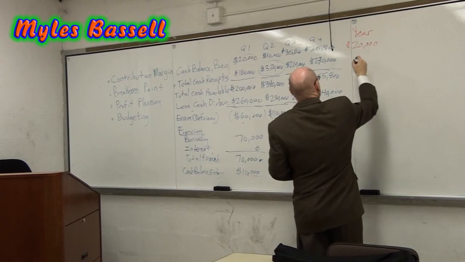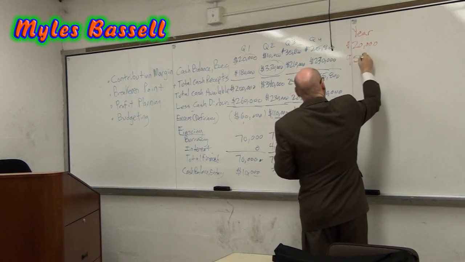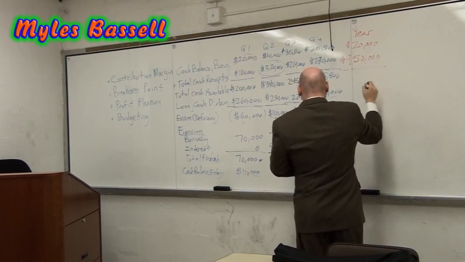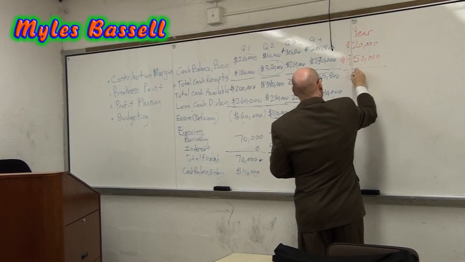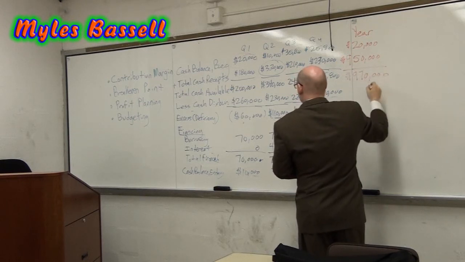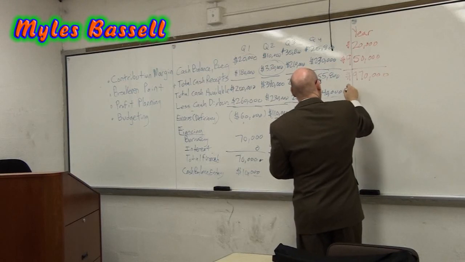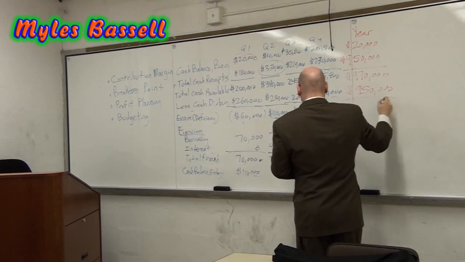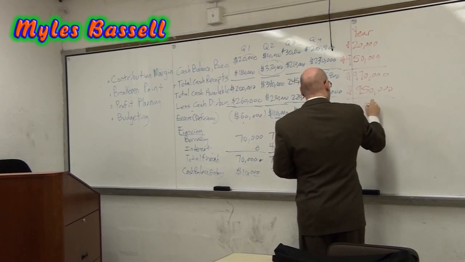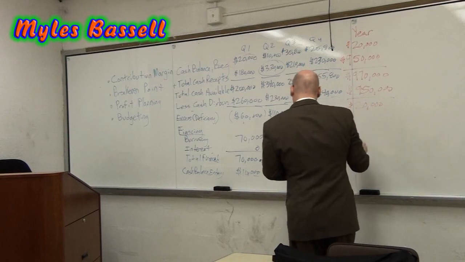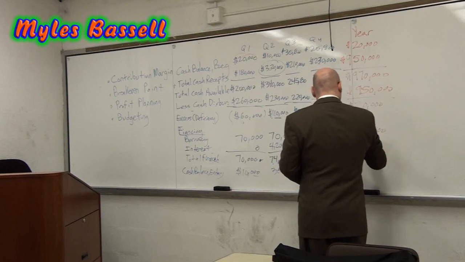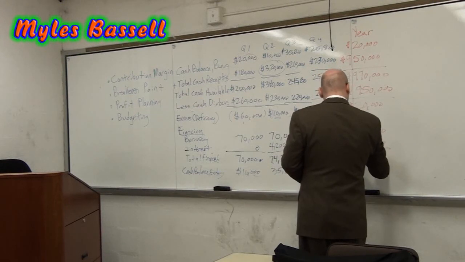Our total cash receipts are $950,000. Our total cash available is $970,000. Cash disbursements we anticipate as being $950,000. That means we have an excess of $20,000. We borrowed $70,000. We pay interest of $4,200. So our total financing needs are $74,200.